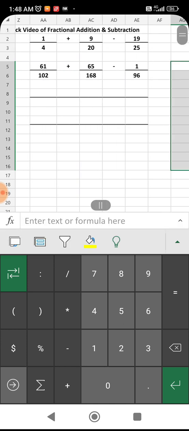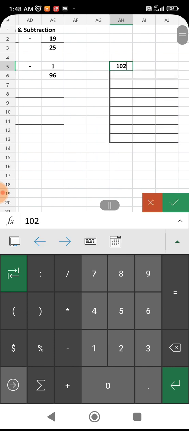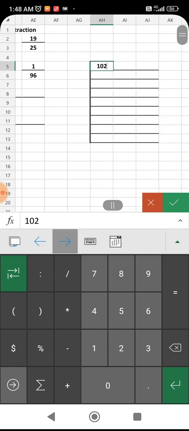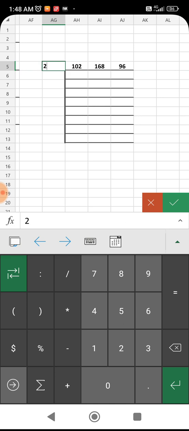What are the digits? 102, 168 and 96. Okay, so we will take 2 first.